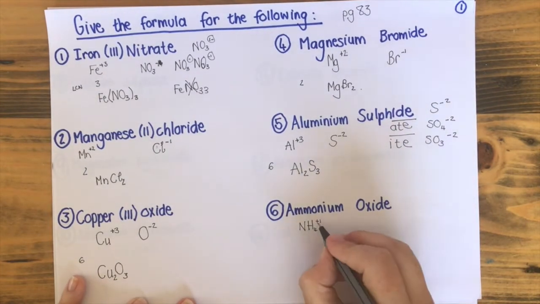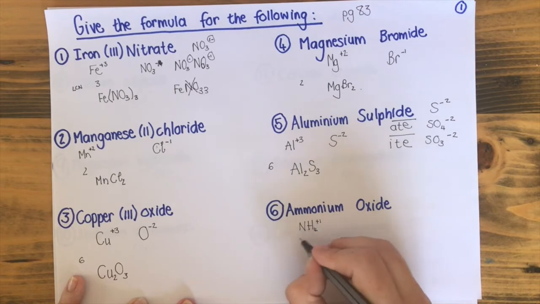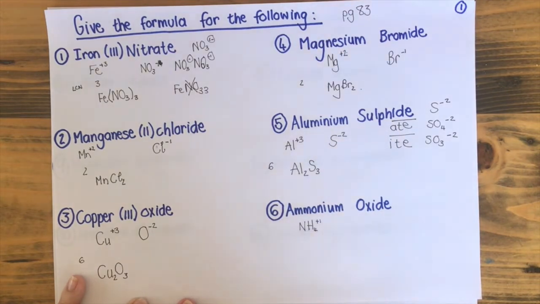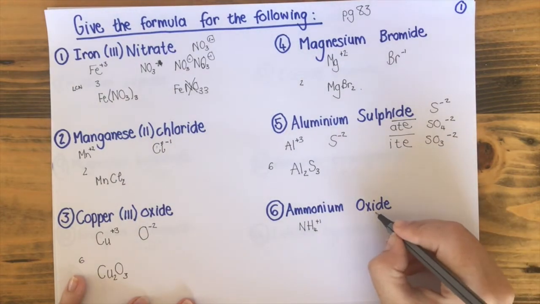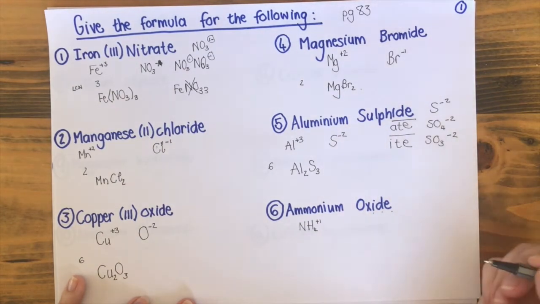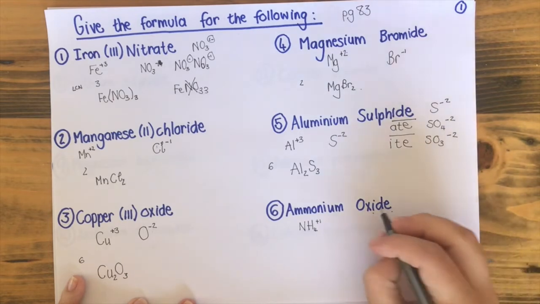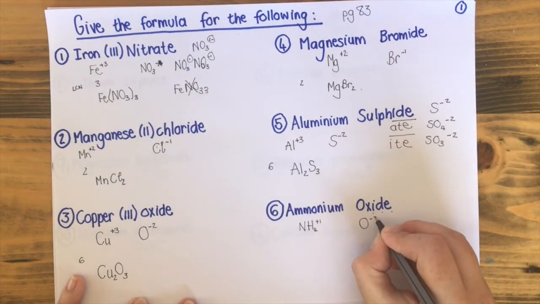Ammonium oxide, this is one of the only cations that you will use in grade 10 that is positive, and it is a polyatomic cation. Right, oxide, that IDE means it's straight from the periodic table. Oxygen is -2.